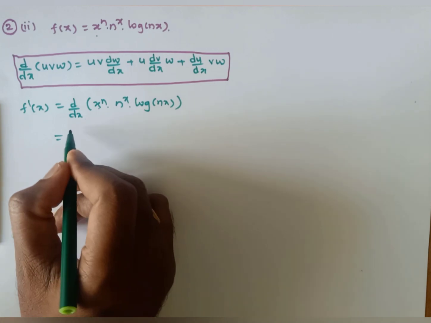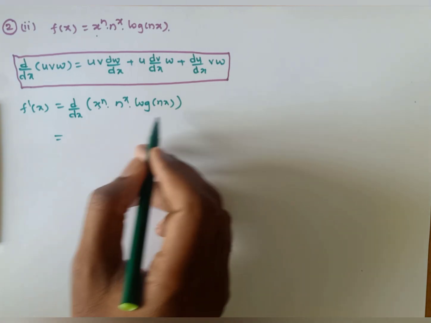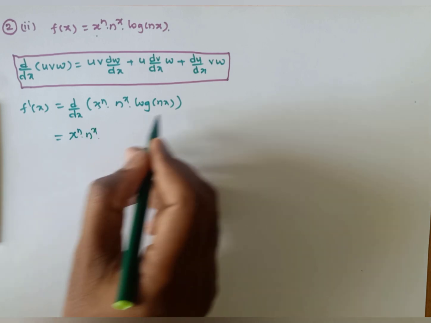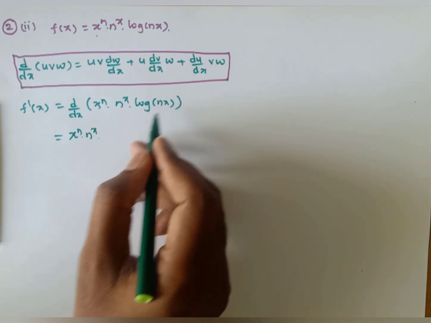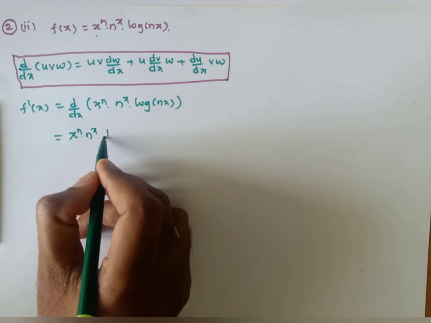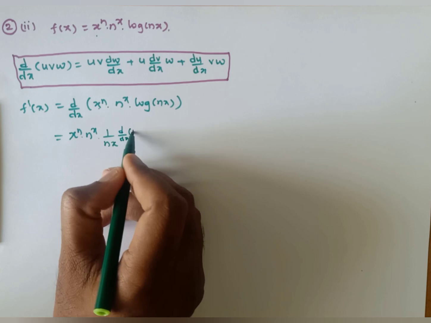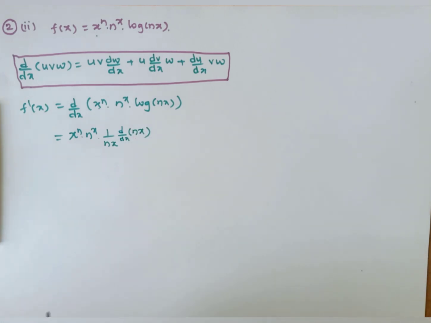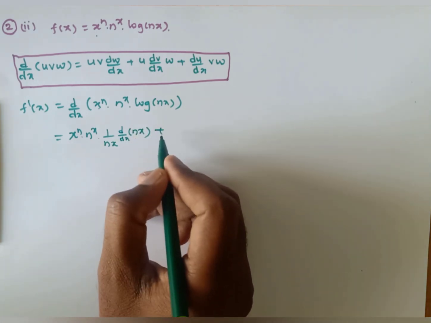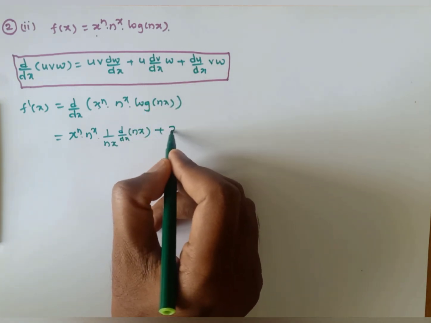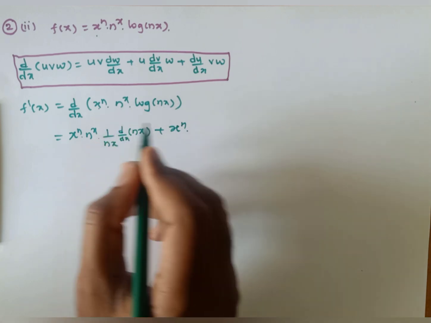So it is x to the power of n, so first apply the derivative of this. So x to the power of n into n to the power of x constant, applying the derivative to this. So log of nx becomes 1 by nx into d by dx of nx, since nx is an inner function. Plus, now I differentiate v, w constant. So x to the power of n into d by dx of this.